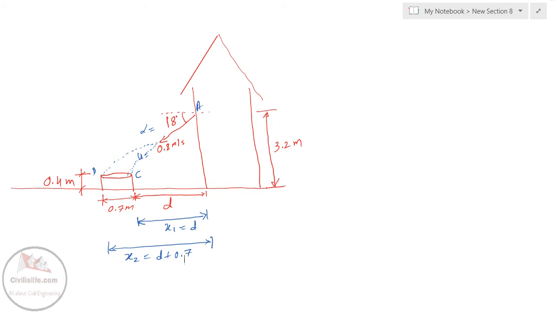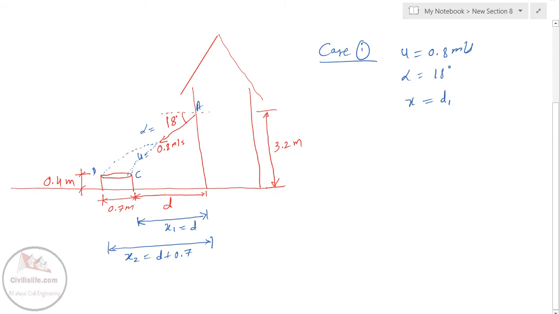Let's write: there are two cases as this water jet has to travel two distances. So if I write the data for case 1, u is given, that is 0.8 meter per second, alpha is given as 18 degrees, x is d1.